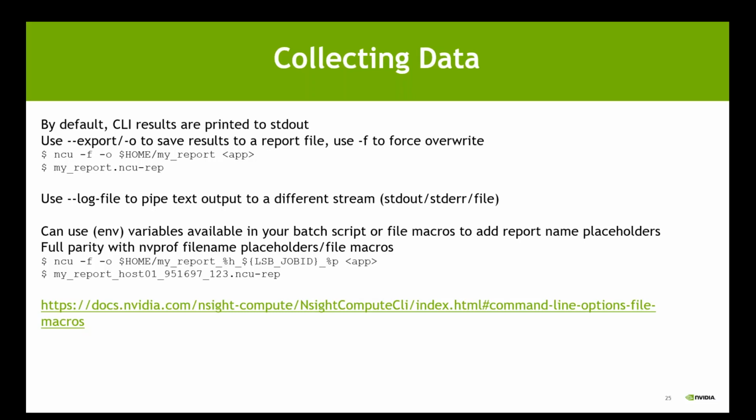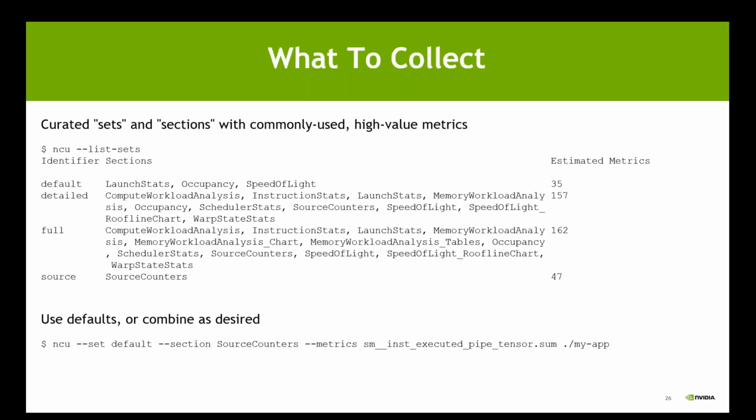Similar to Nsight Systems, you can use placeholders and environment variables. So if you invoke multiple NCU processes at the same time as part of an MPI program, for example, you could write a report for each rank. I already showed you the sets or the full set to be collected in the UI. And there are a couple of sets that we define. Sets are collections of sections themselves.